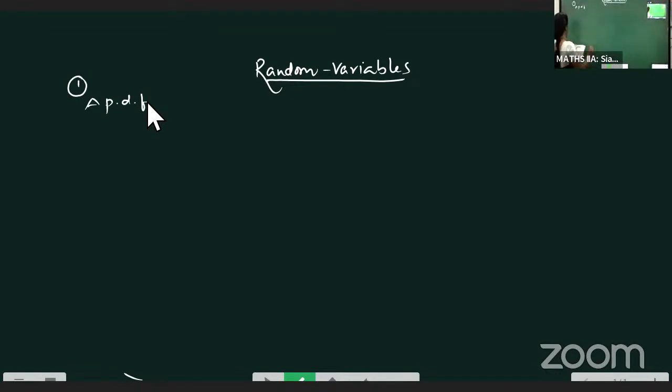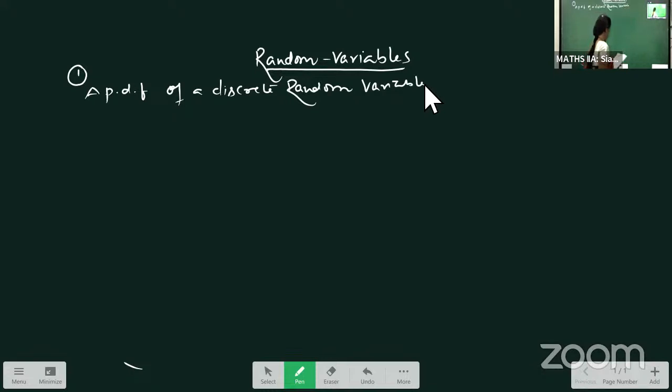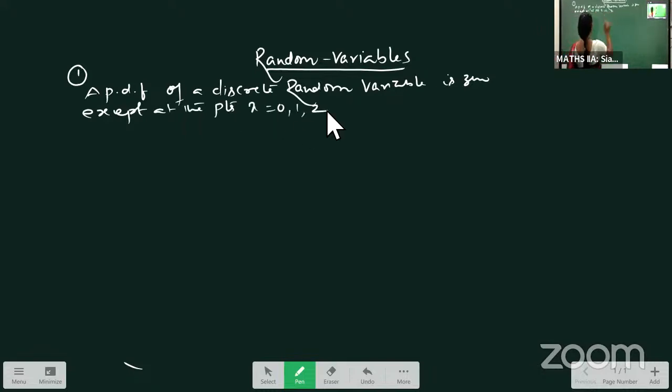A PDF of a discrete random variable is 0 except at the points x is equal to 0, 1, 2.